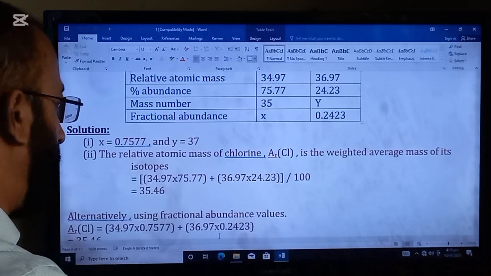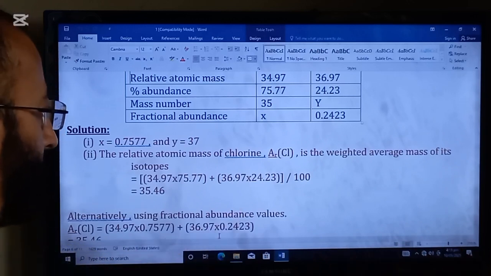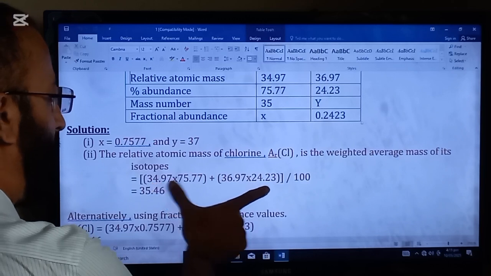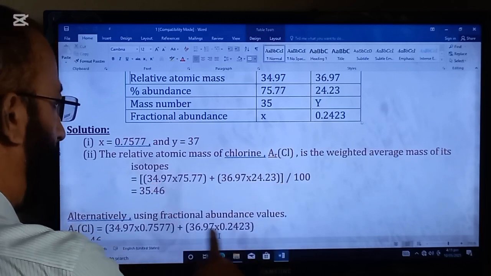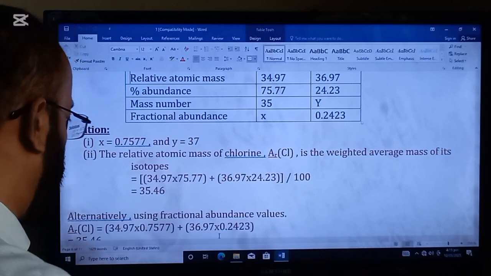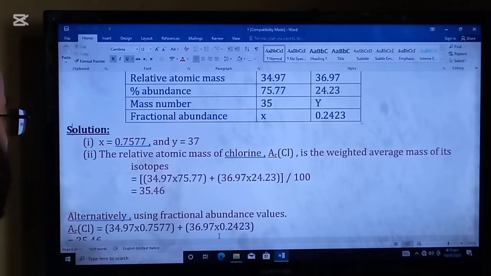So solve it on the calculator, you will get the answer. The only difference is that in the first method the whole value is divided by 100, but in this method, division by 100 will not be there. This is the only difference.